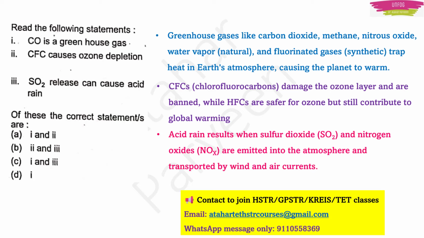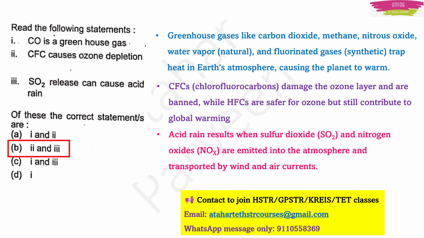Then acid rain results only when sulfur dioxide and nitrogen oxides are emitted into the atmosphere and get transported by wind and air currents. So these are the 3 points you should learn from this question. Then option B will be the correct answer here, because after knowing these 3 points, we understood that carbon monoxide is not a greenhouse gas.